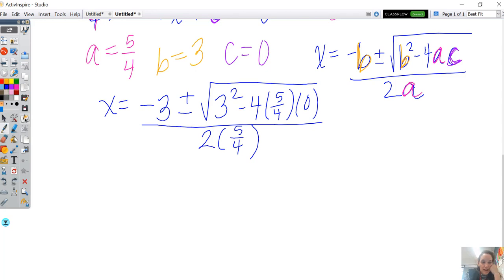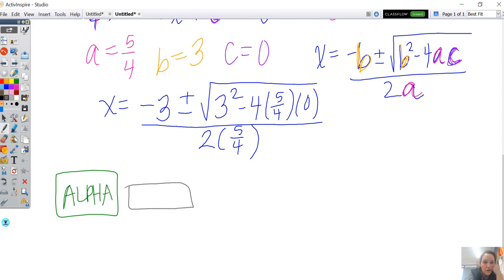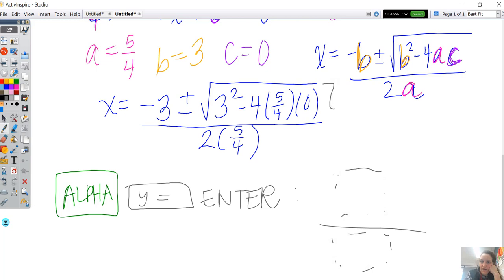So a couple life hacks. If you press the green alpha button and then the gray y equals button and then enter, it gives you these little fraction boxes. So you can type the numerator into the top fraction box and the denominator into the bottom fraction box. Another pro tip is when you're squaring something, if it's a negative, you need to put it in parentheses.